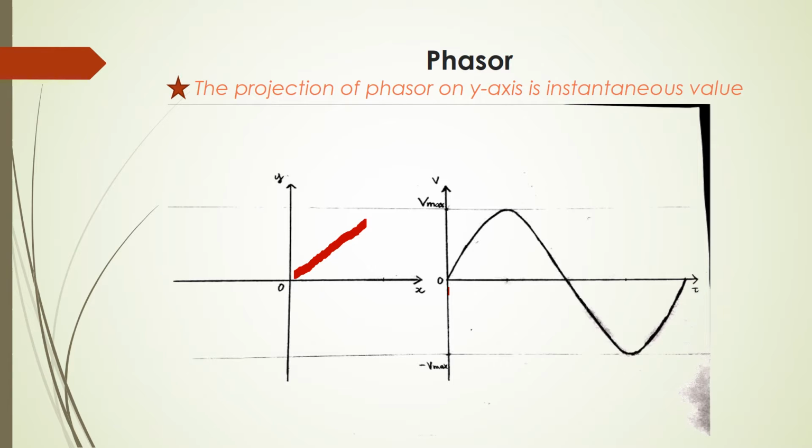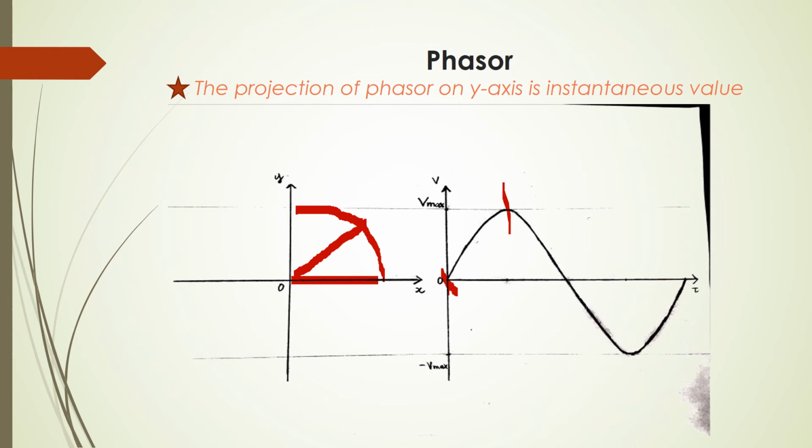For example, at t equal to 0, v will be equal to 0. So the projection of the phasor on the y-axis must be equal to 0. Therefore, the vector must lie at this position. After a quarter of the period, it will rotate and reach the maximum value, so it will be equal to this point on the graph, the maximum Vmax.